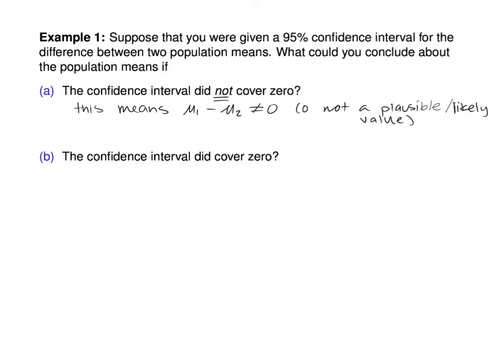So if the difference in the two means is not 0, this means that mu1 is not equal to mu2. In other words, the two means are different.